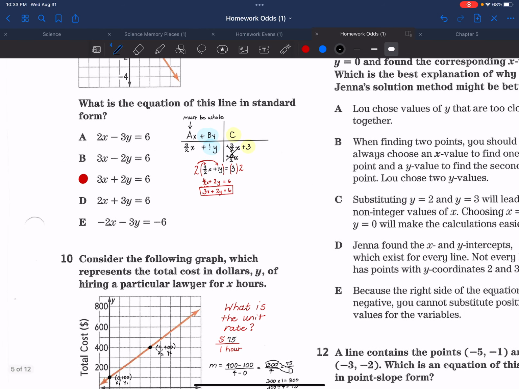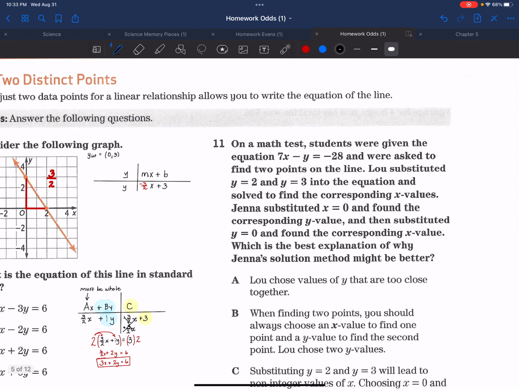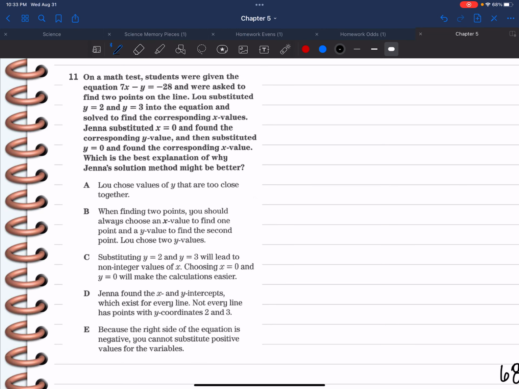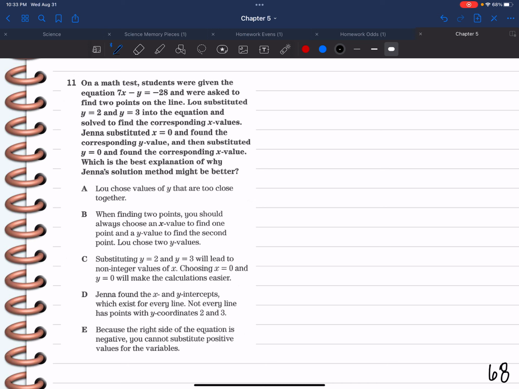Number 11. This one I brought over to my notebook. On a math test, students were given the equation and were asked to find 2 points on the line. Lou substituted 2 and 3 into the equation and solved to find the corresponding x values.